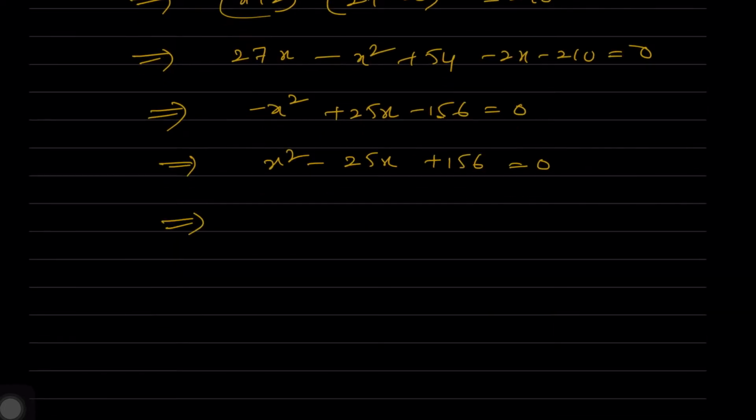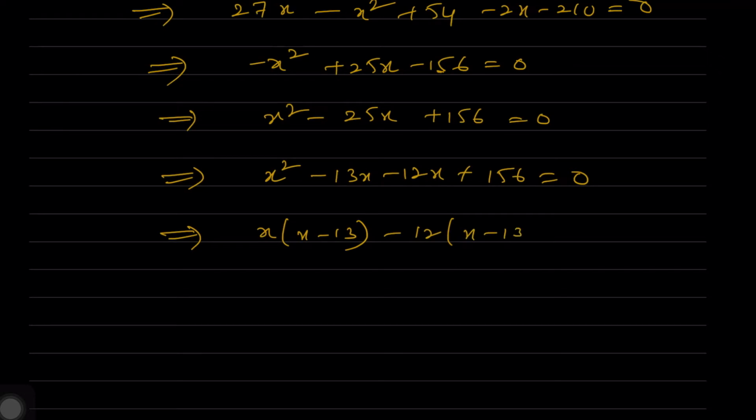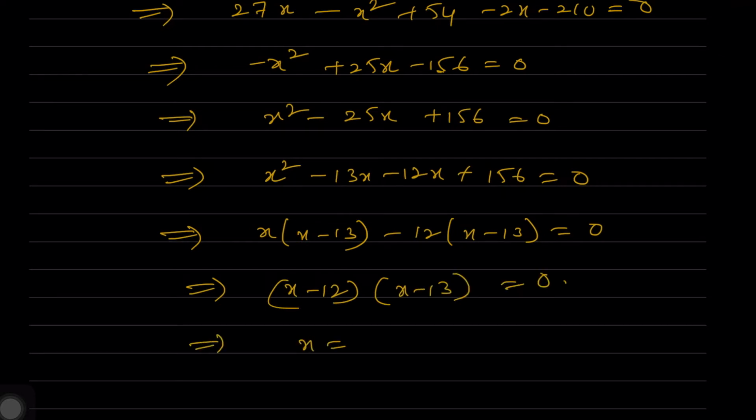So therefore 156, 13 and 12 you can take. 13 plus 12 is 25, minus 13 minus 12 is minus 25. So x square minus 13x minus 12x plus 156 is equal to 0, which implies that x into x minus 13 minus 12 into x minus 13 is equal to 0, which implies x minus 12 into x minus 13 is equal to 0. So x is equal to 13 or x is equal to 12.